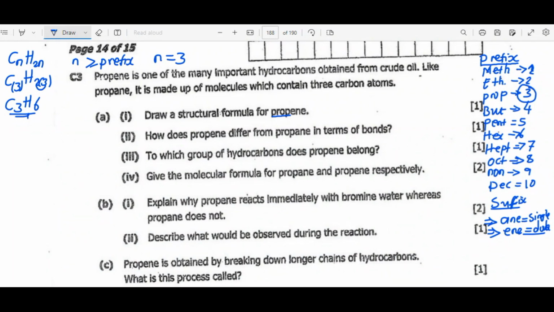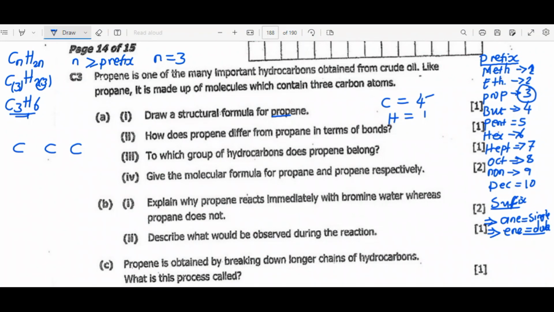Now this is just the molecular formula, but we want the structural formula. So for us to write the structural formula, we'll begin by writing the carbon. So we can see that we have 3 carbon atoms. Now whenever you are dealing with organic chemistry, you need to also have in mind the concept of the valence number. For instance, carbon has the valence of 4, hydrogen has the valence of 1.